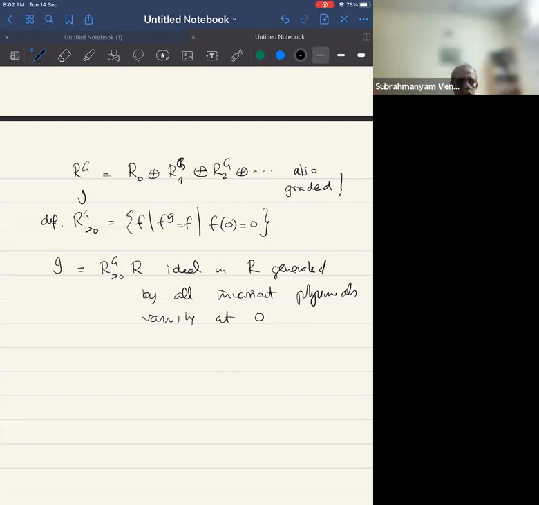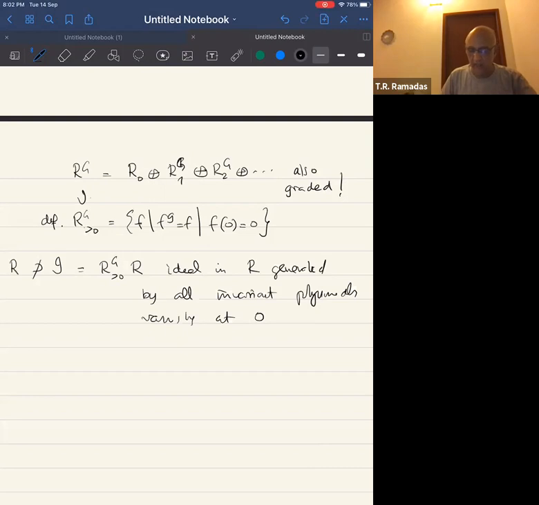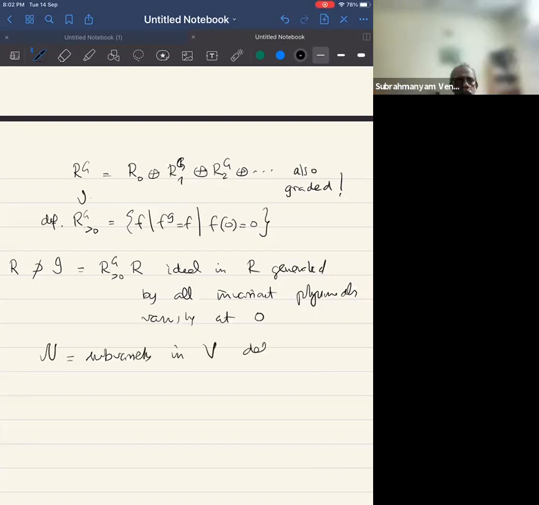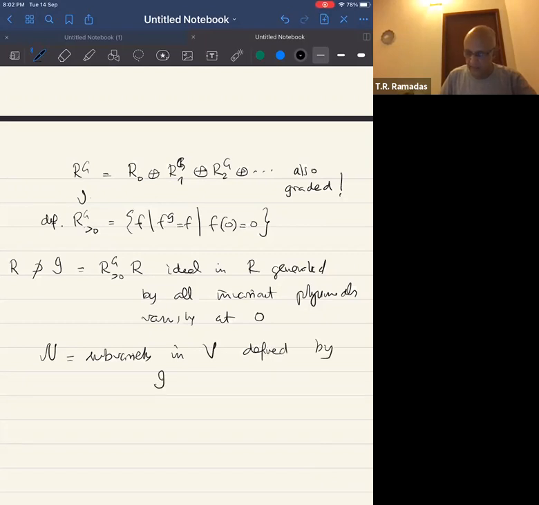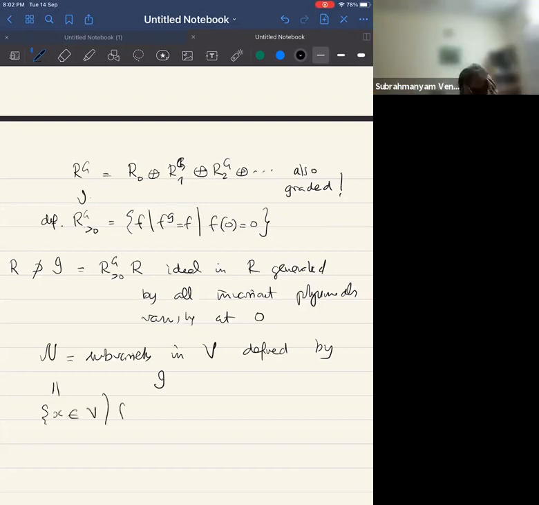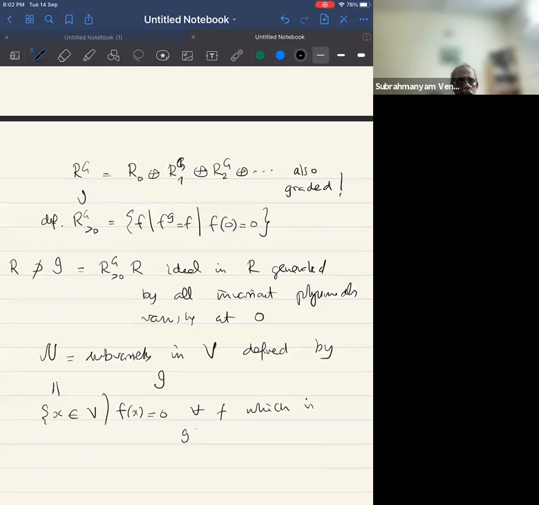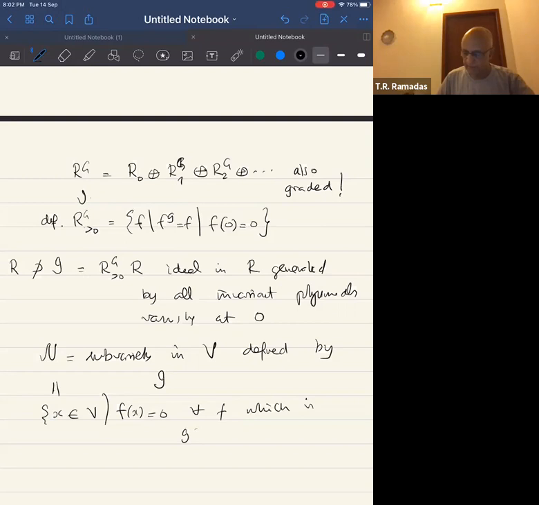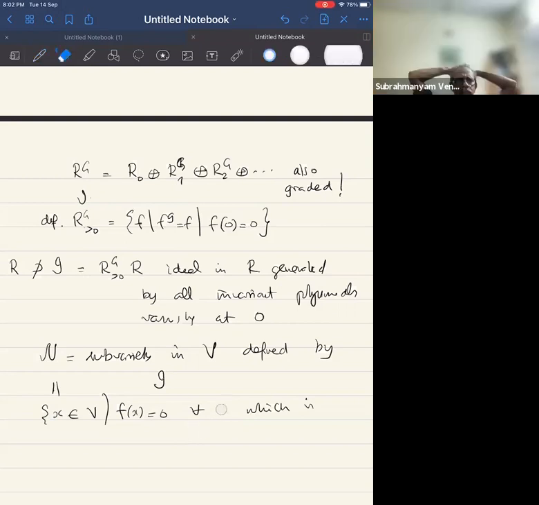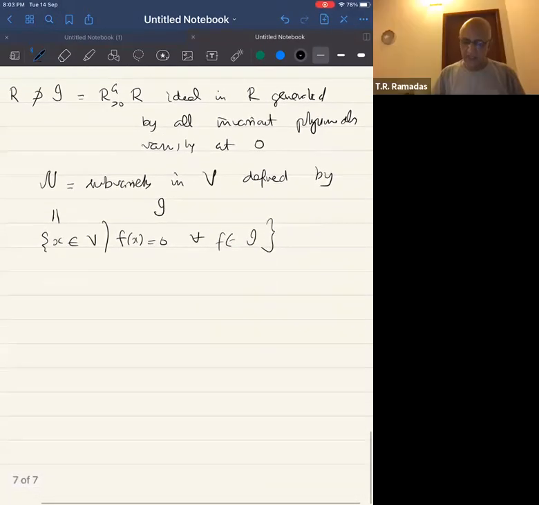Very good. So now this is an ideal, and this is certainly not equal to R. Therefore, it defines a subvariety. So N is the subvariety in V defined by I. In other words, this consists of points of V such that f(x) is 0 for every f in I. So this is a closed subvariety in V. In general, it's a proper subvariety.